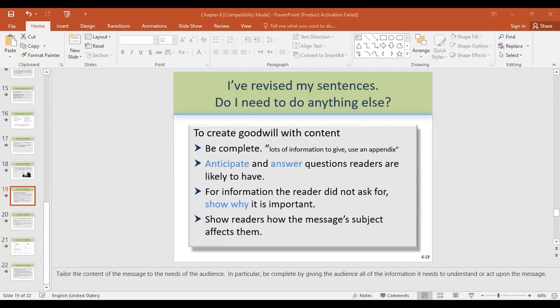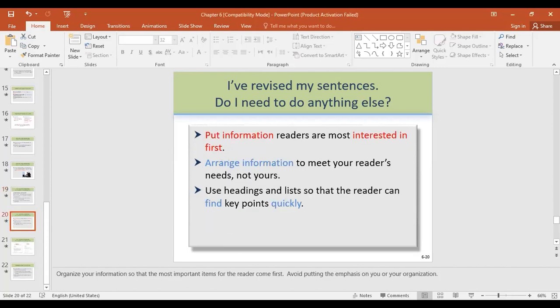Also, we continue with this: put information readers are most interested in first. When you categorize your information, you start from the most important information and put it at the beginning, so the readers can understand why you send, for example, this letter to him.